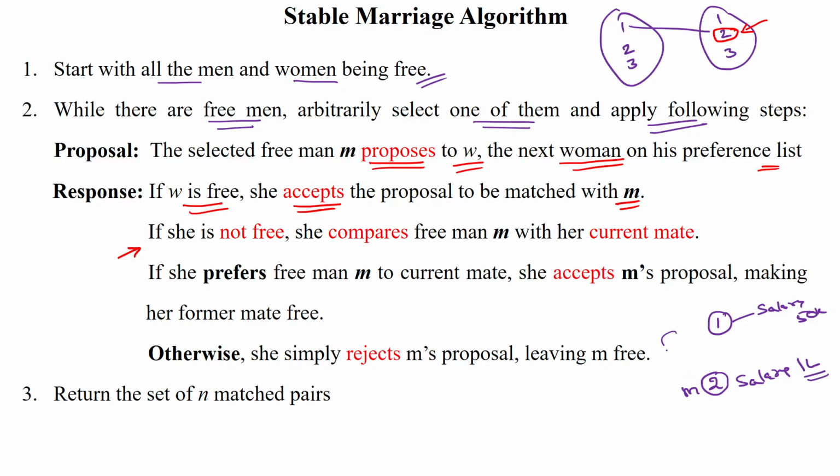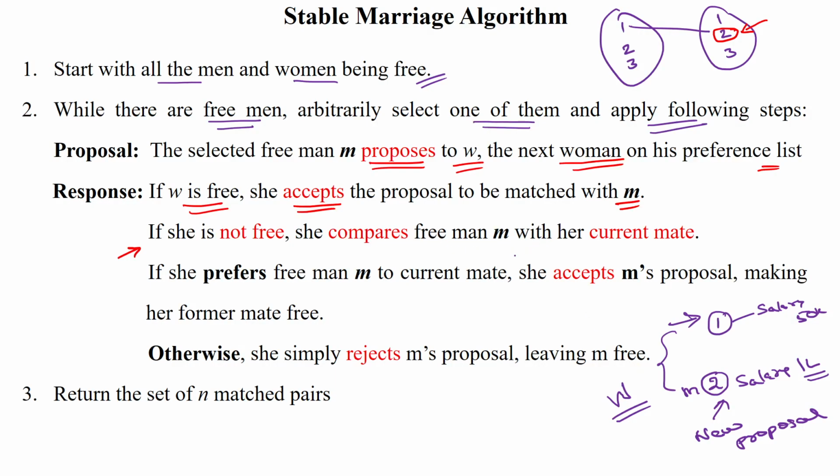That woman will compare the salary of both persons, the already selected proposal, and now the new proposal is man too. So when the new proposal is coming, that girl will compare the two persons.